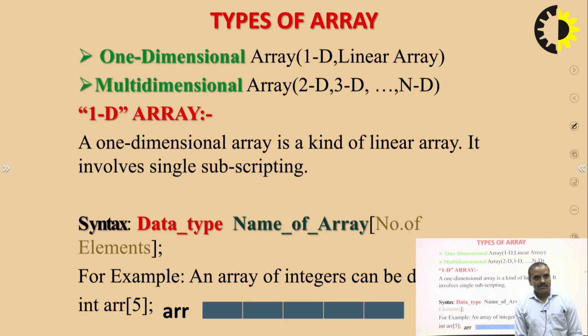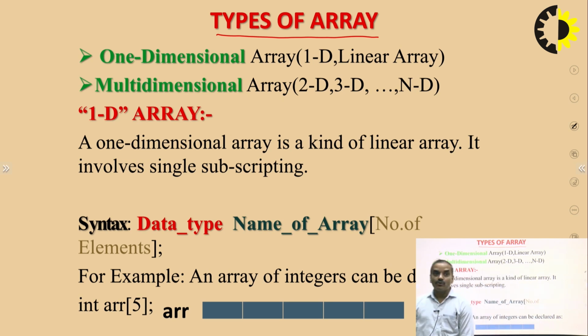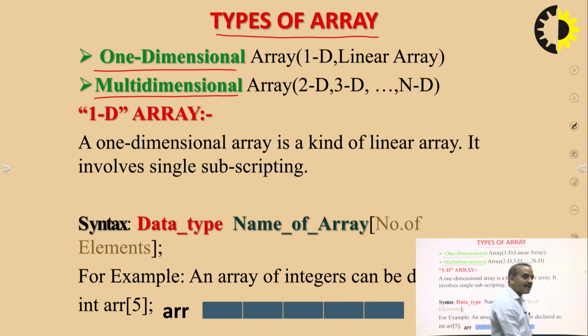Now the next topic is types of array. This is the basic types of array, in which the array is divided into mainly two parts. The first one is the one dimensional array and the second one is the multi-dimensional array. In a one dimensional array, the array is represented by one subscript. The multi-dimensional array is divided into 2D, 3D, 4D and ND.